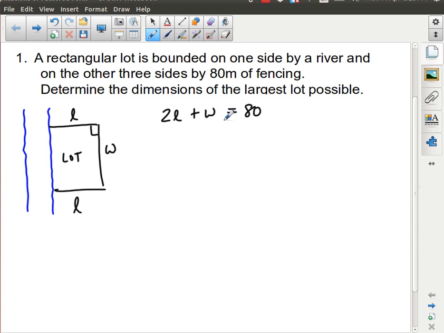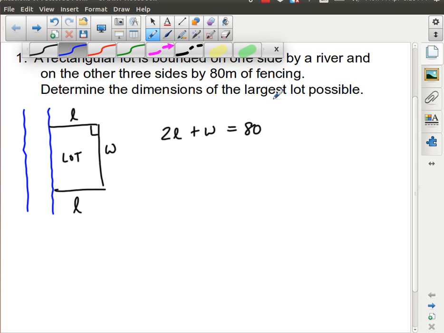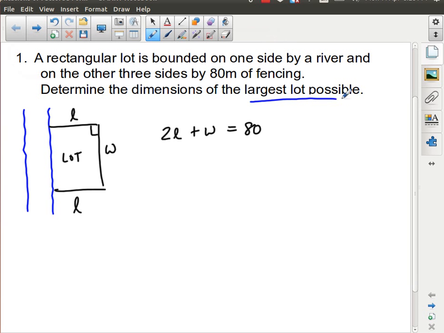It's not quadratic though, because we haven't addressed all possible relationships here. What is the question actually asking for? It wants the dimensions, meaning length and width. Our goal is to find the length and width of the largest possible lot.